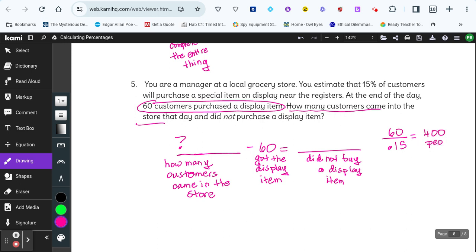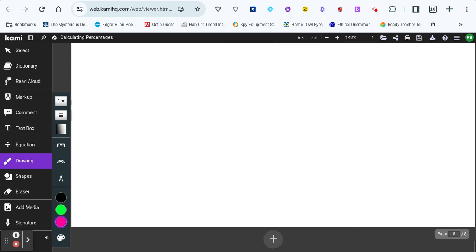So you're going to take the 400 people that came in, subtract the 60 people that bought the display, and I know that 340 people did not buy a display item. 400 people came in, but out of those 400, 60 bought the item and 340 did not, okay? I hope this makes sense, guys. All right, thank you.